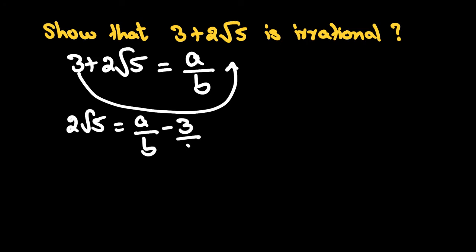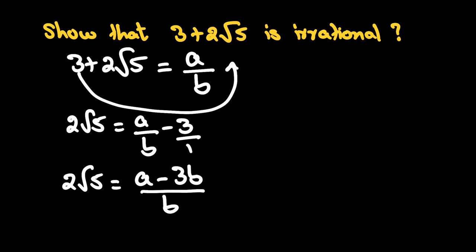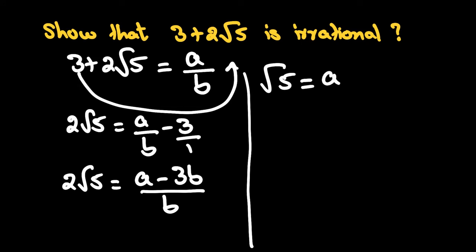Now if we take the LCM of this, 2 root 5 is going to be equal to (a minus 3b) over b. And then with further simplification, cross multiplication, root 5 is going to be equal to (a minus 3b) over 2b.